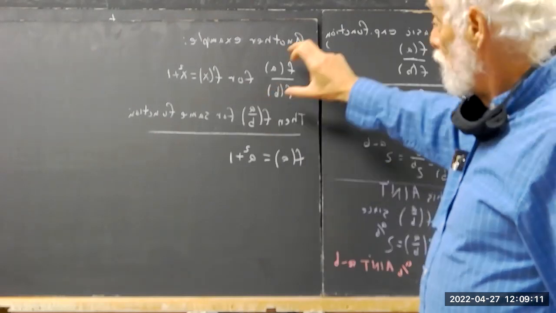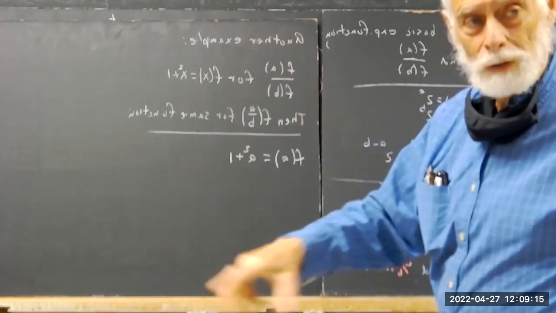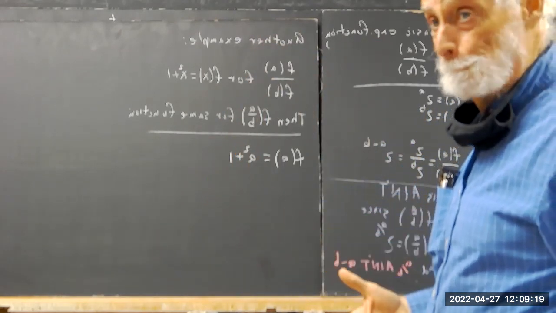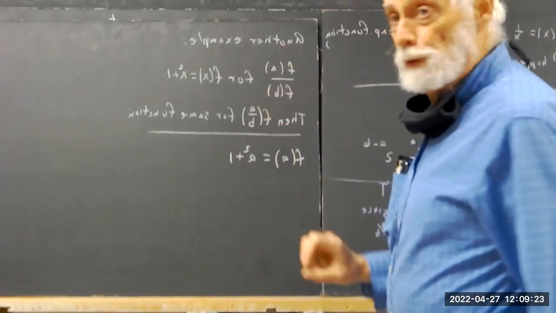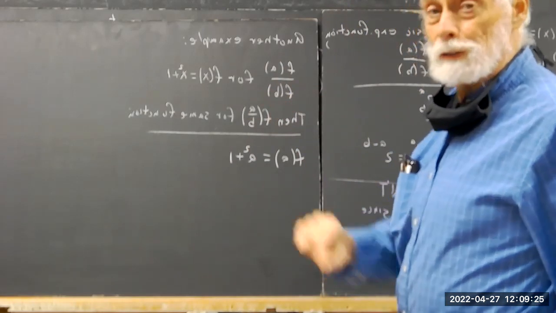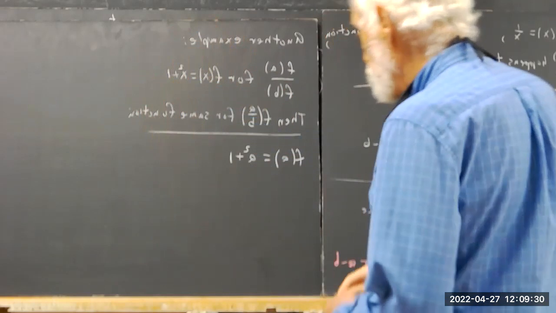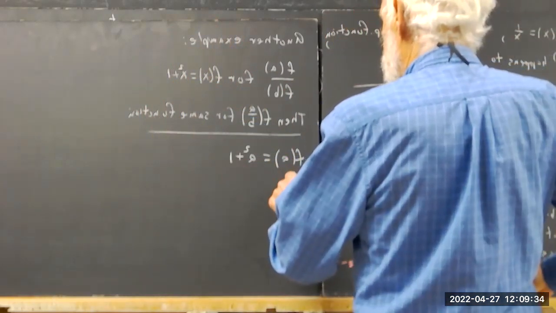As I said before, this is equal to this only in very few cases where you have just a pure power function, okay? And I think you can prove that if this is always equal to this for a function, then it is just a pure power function, x to some power. Okay, well, anyhow, f of A equals A squared plus 1.